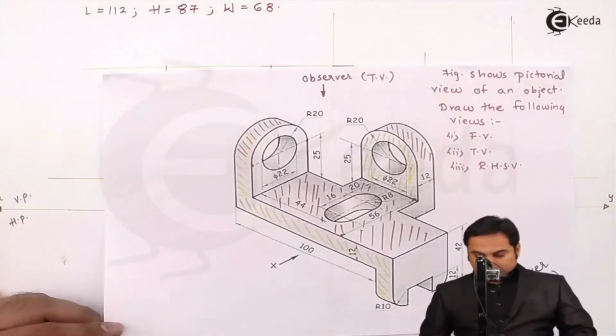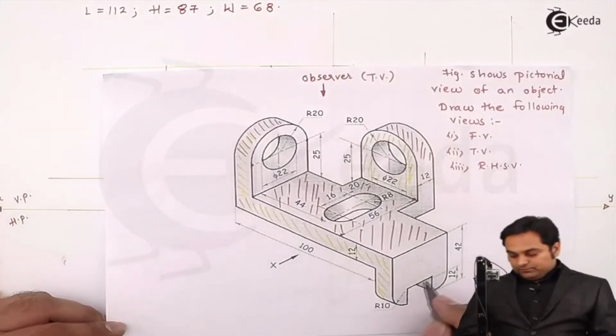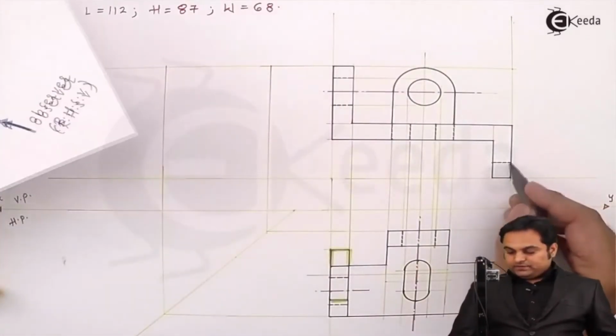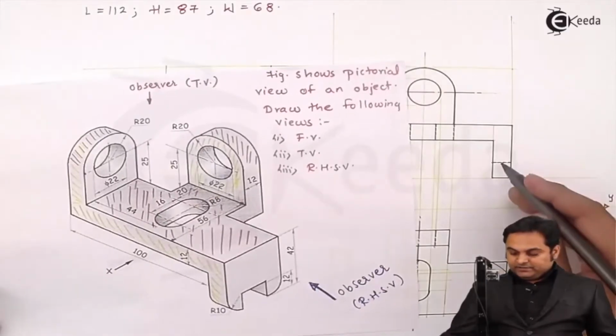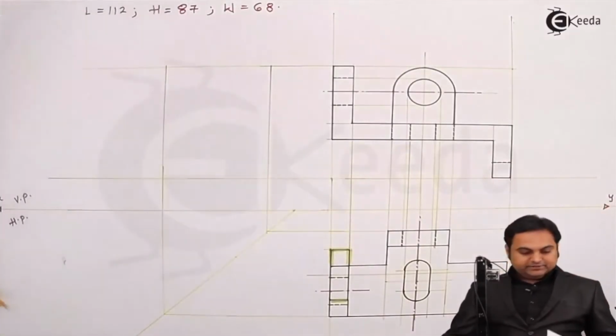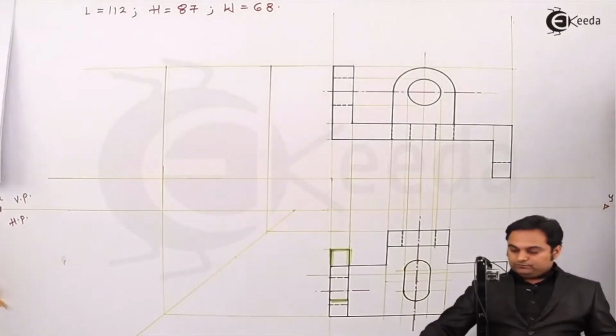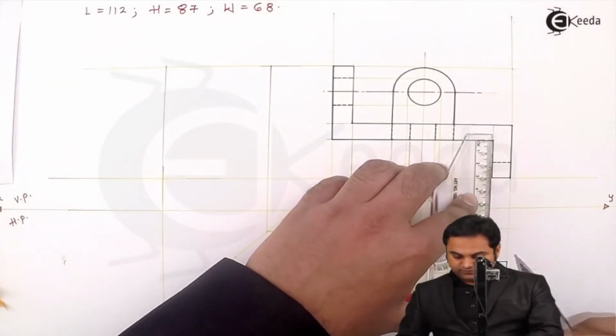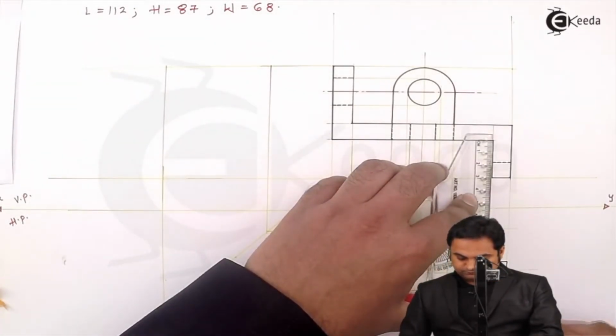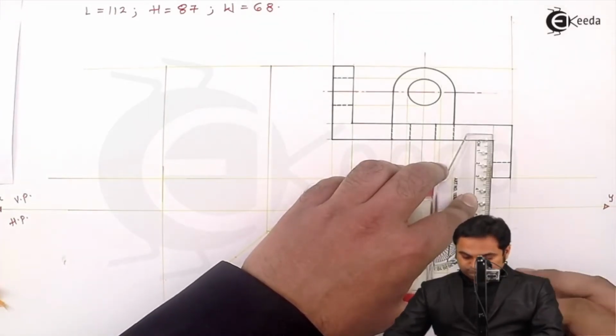Next, also when we are looking from top, this cut is not visible. It is there inside this plate, and when I'm projecting it into the top view, it will be there throughout, hidden.